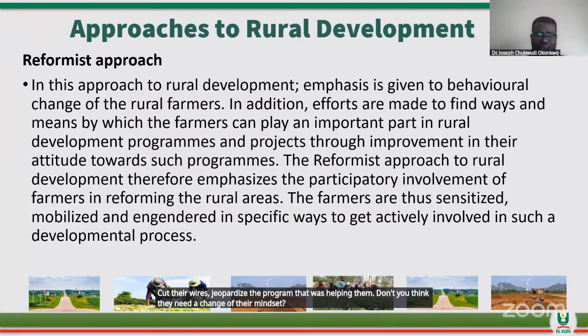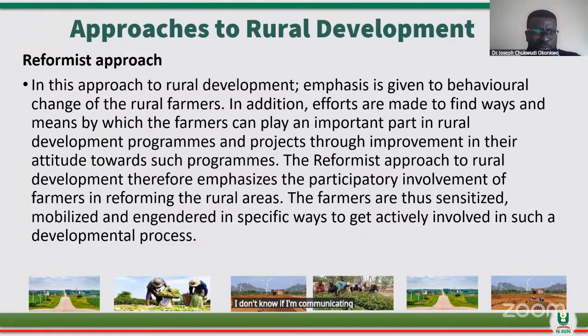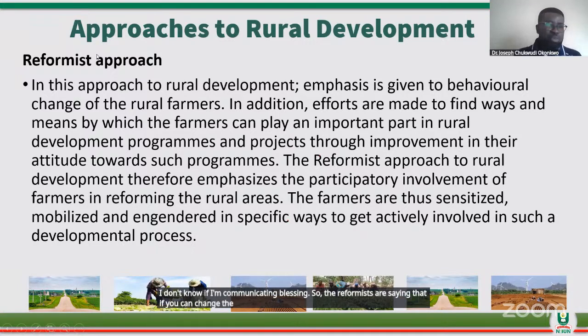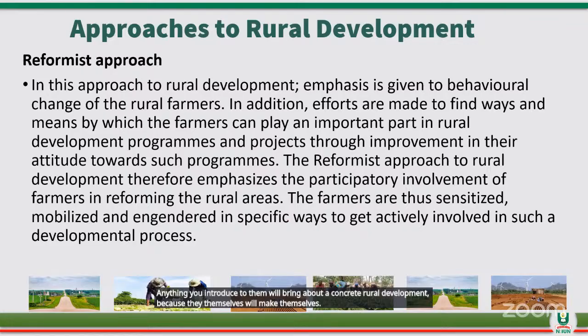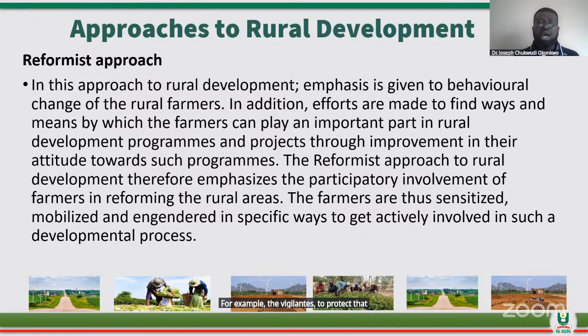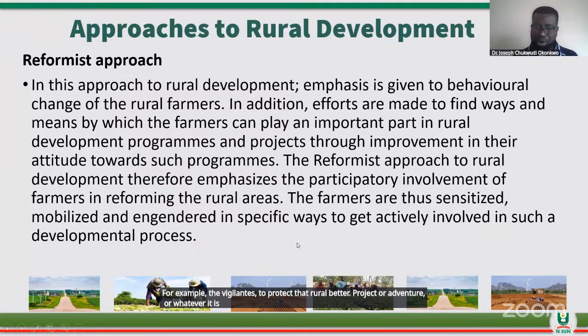I don't know if I'm communicating, Blessing. Yes, sir. So you are, sir. The reformists are saying that if you can change the mindset of the people, it's one approach to rural development. Because once the mindset is changed, anything you introduce to them will bring about a concrete rural development, because they themselves will make themselves, for example, the vigilantes, to protect that rural development project or adventure or whatever it is in their environment.